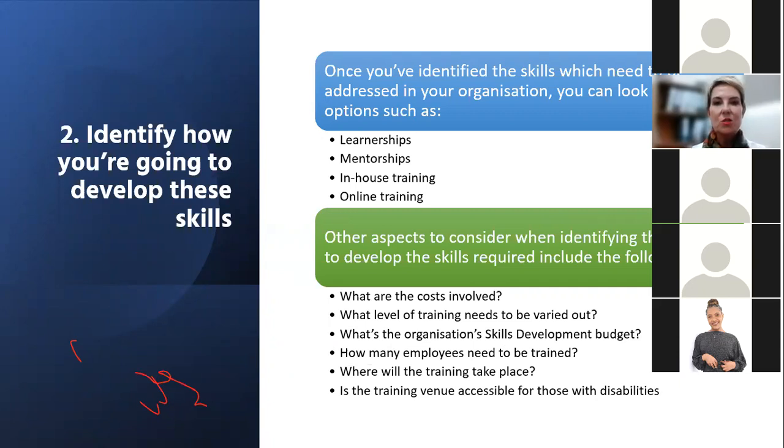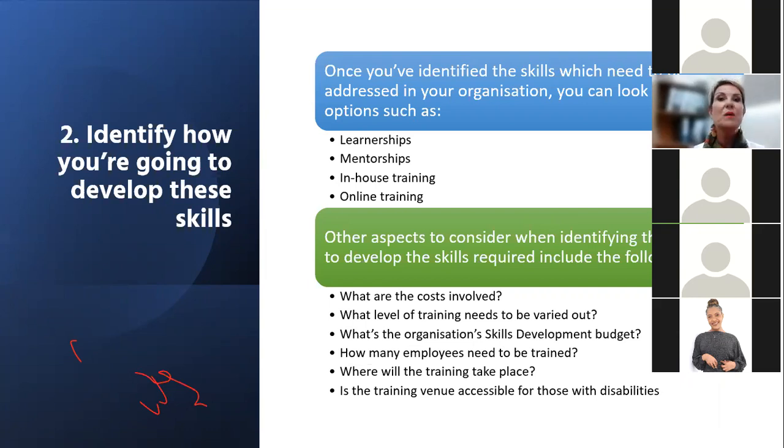There are 2 ways to do this. Once you've identified the skills, look at the different kinds of programs that you want to implement. Some programs need to be accredited programs. Some programs will be in-house programs.